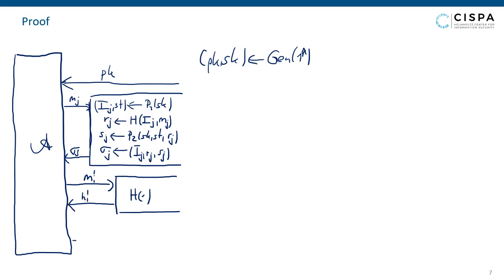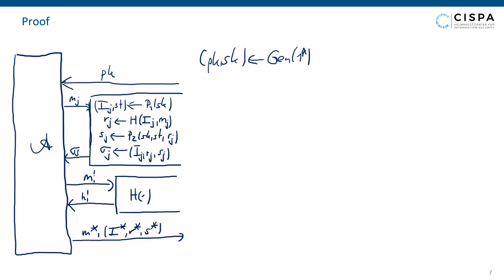Now, at some point, the adversary outputs a forged message M* together with a signature. Let's already call this I*, R*, and S*.